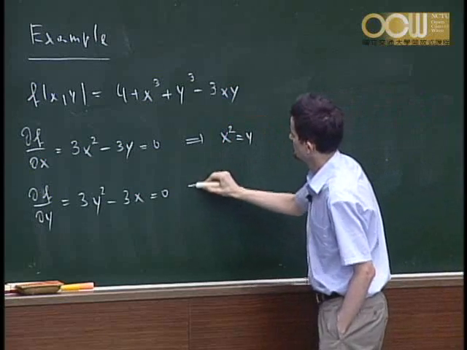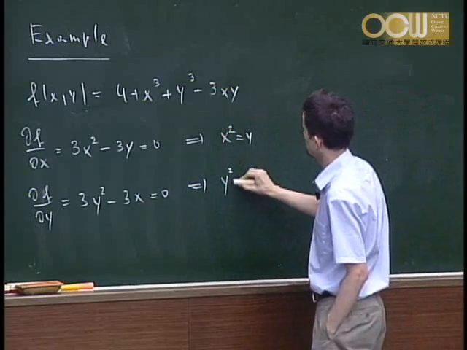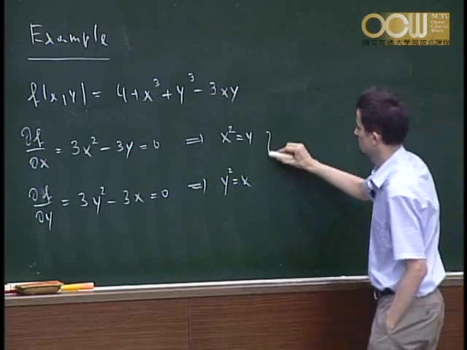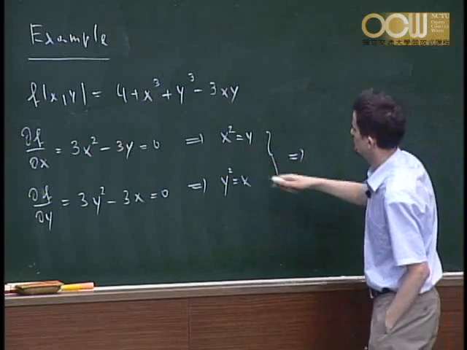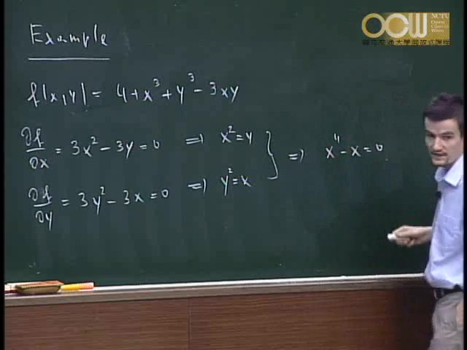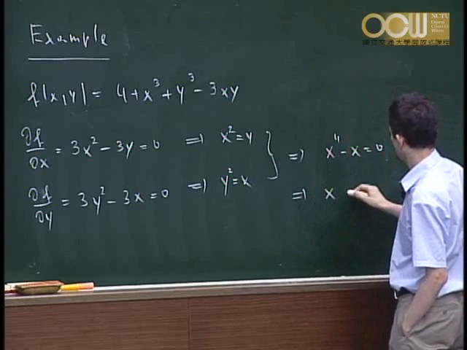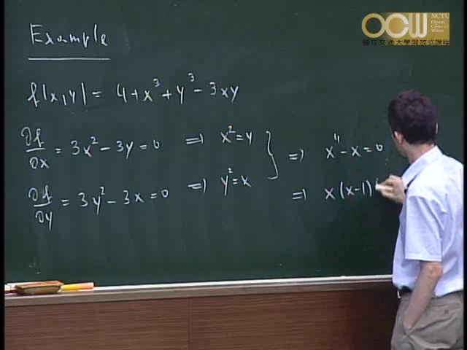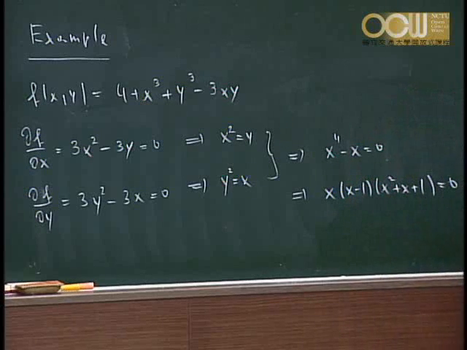So you see that x squared is equal to y, and from the other equation you see that y squared is equal to x. From this you easily get, for instance, when you plug in, x to the 4th minus x is equal to 0. So this gives you x times (x to the cube minus 1), and this is x times (x minus 1) times (x squared plus x plus 1) is equal to 0.